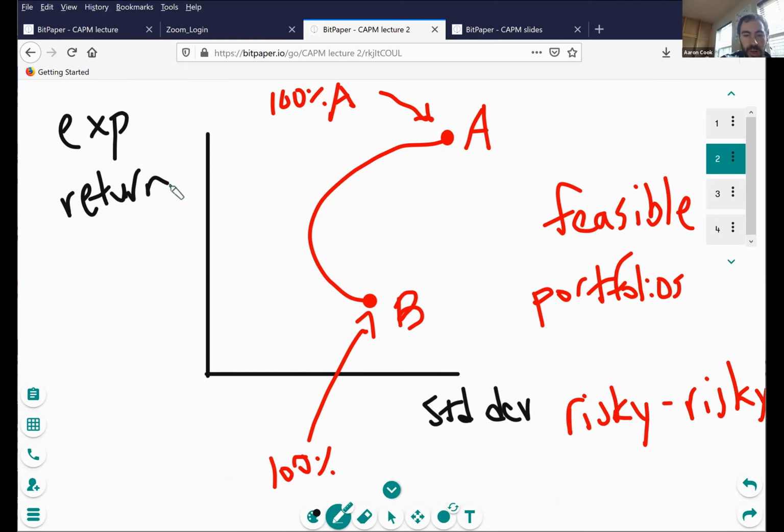If you have 100% of your portfolio in either A or B, that's going to be associated with some expected return and some volatility or standard deviation.